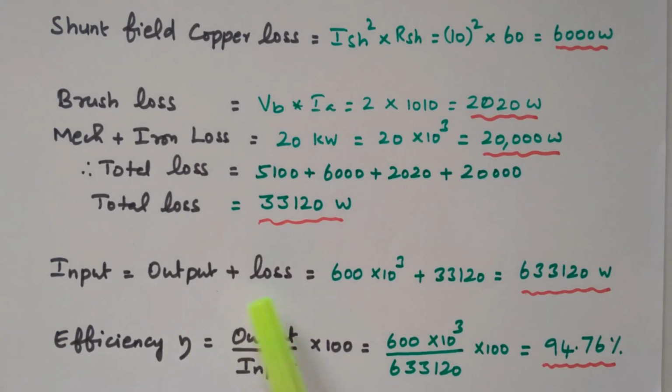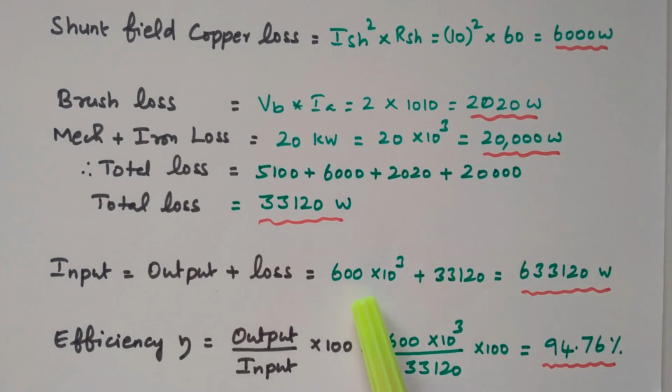So 600 into 10 to the power 3 plus 33,120, we got 6,33,120 watts. It is nearly half, because of half load the input also reduced.